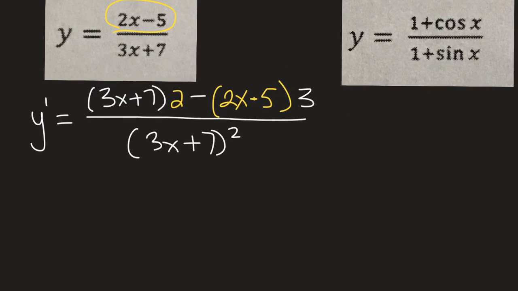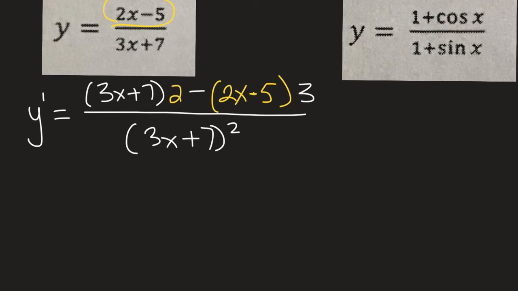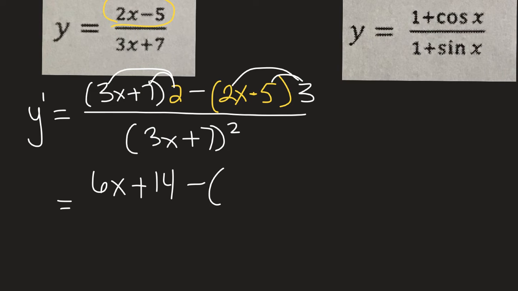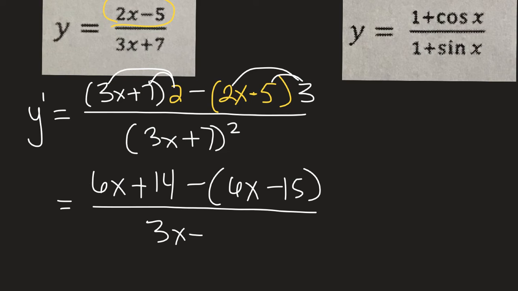Low d high minus high d low over low low. Now I need to do some simplifying, so I will distribute: 6x plus 14, minus 6x minus 15, all divided by 3x plus 7 squared.